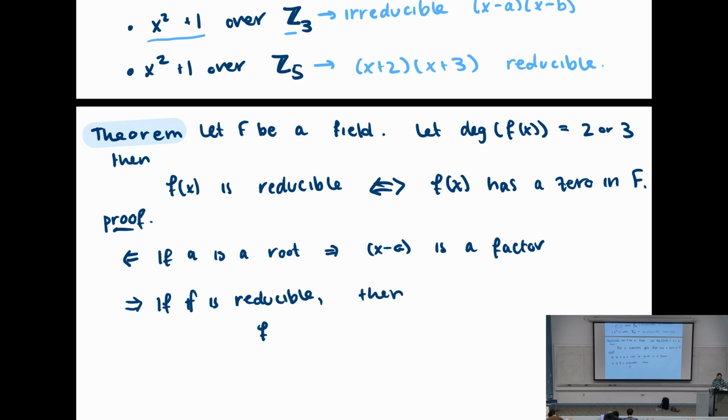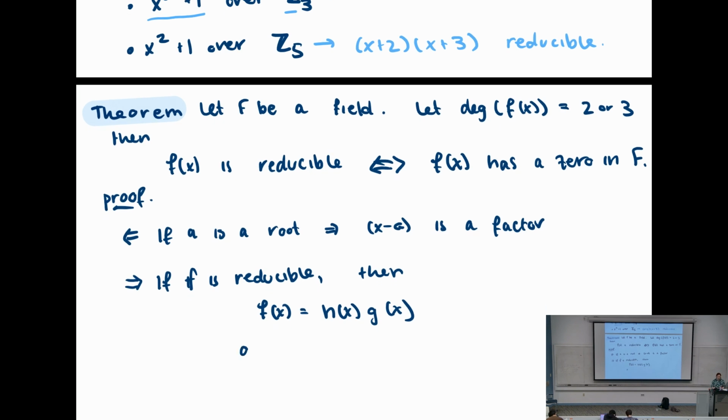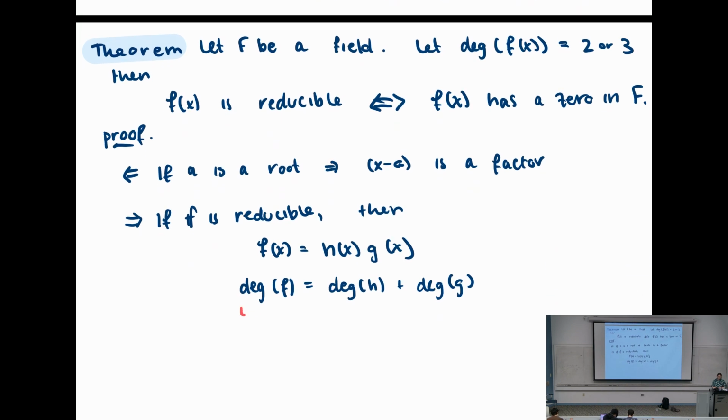Then we can write f of x as h of x times g of x, where these are both polynomials of lower degree. And also by last time we proved that the degree of f is equal to the degree of h plus the degree of g. And then since the degree of f is 2 or 3, that means that at least one of these has degree 1.